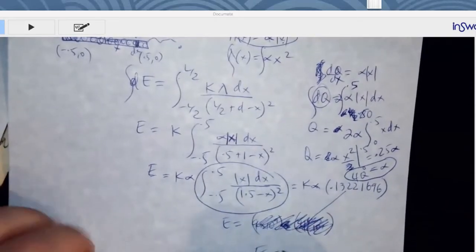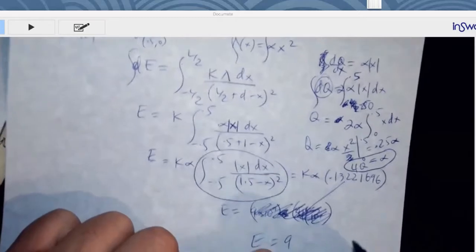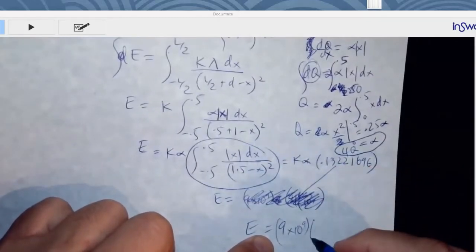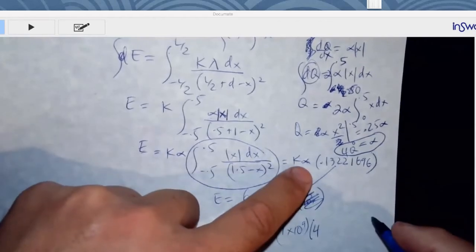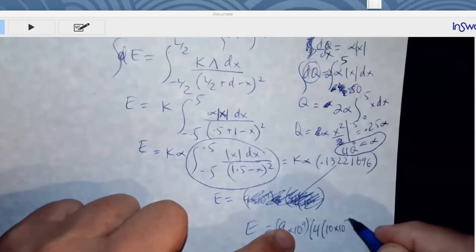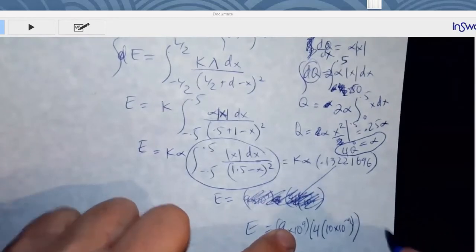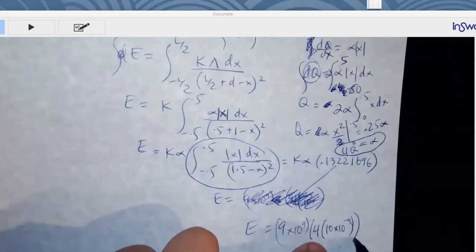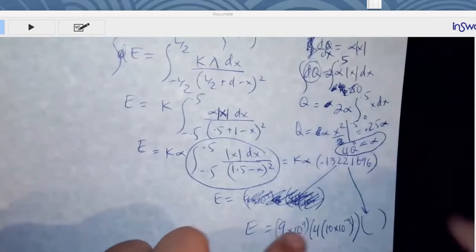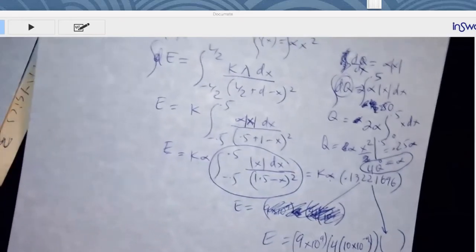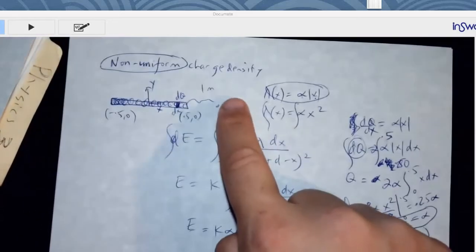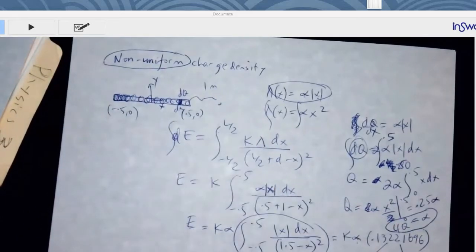So the electric field is going to be K, which is 9 times 10 to the 9th. The alpha, I'm going to replace it by 4 times Q. Right? Alpha is 4Q. And then that integral that came out. So that number. Okay. That's going to be the electrical field 1 meter away to the right of that rod.